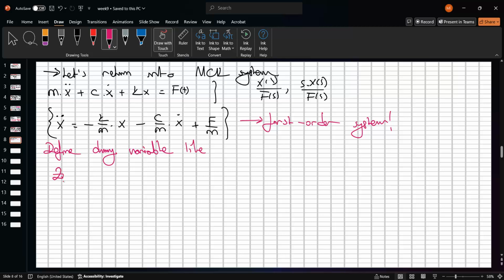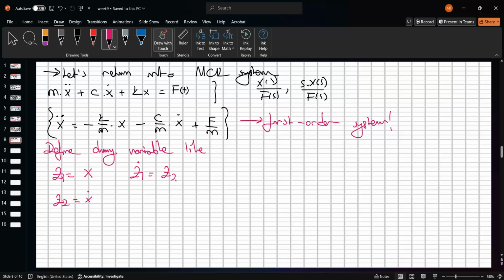So z1 is equal to x. In order to create another state, z2 can be assigned with x dot. We can assign it. And so if we take the derivative of z1, z1 dot is equal to what?